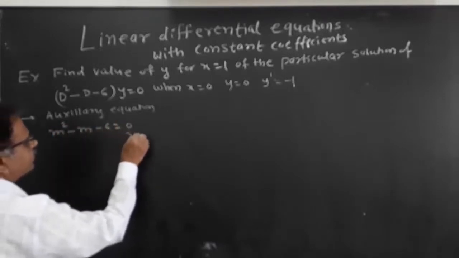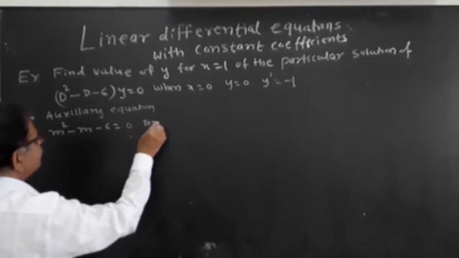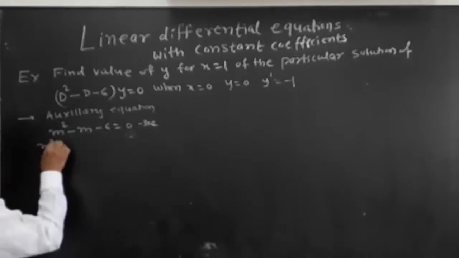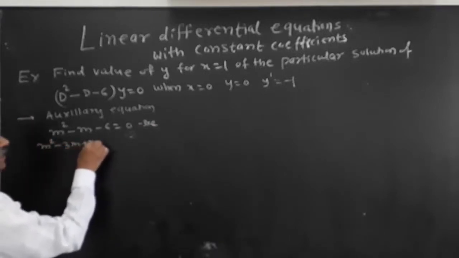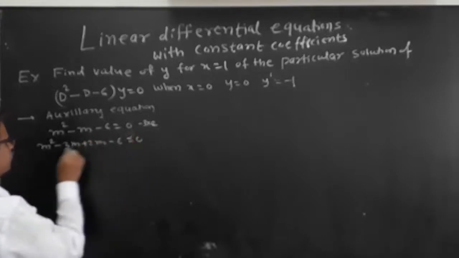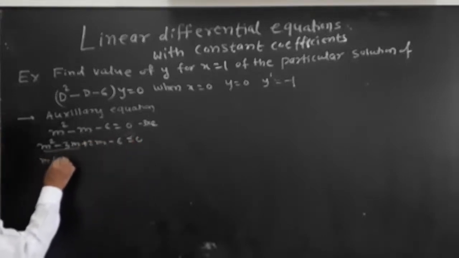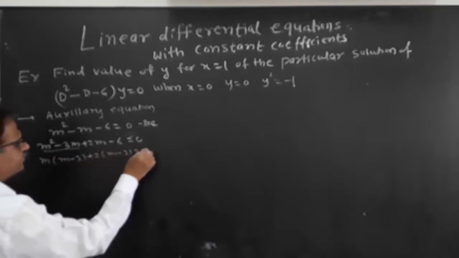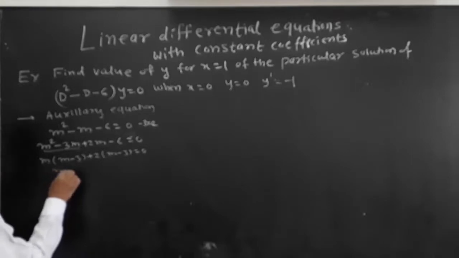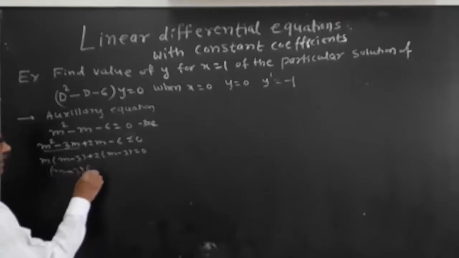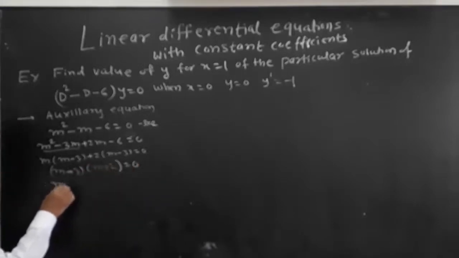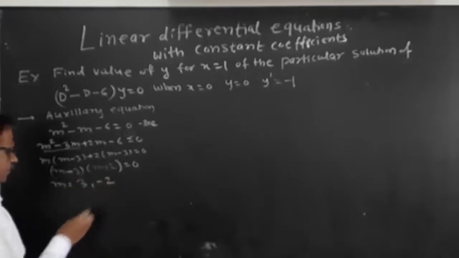6 has the factors 3 and 2, such that minus 3 plus 2 equal to minus 1. Therefore, m square minus 3m plus 2m minus 6 equal to 0. Taking m common and 2 common, we get (m minus 3) into (m plus 2) equal to 0, and hence m equal to 3 or minus 2.